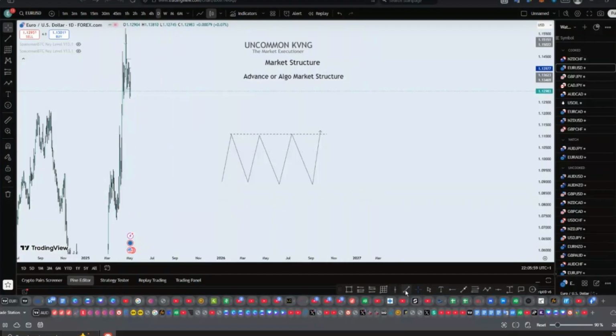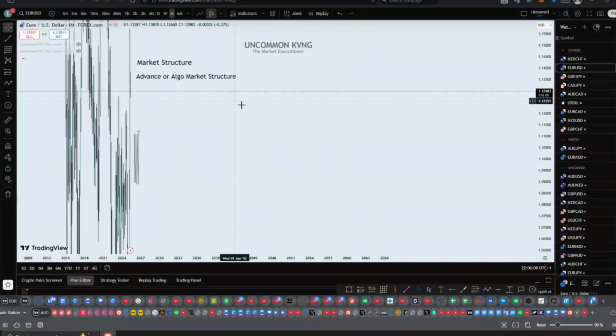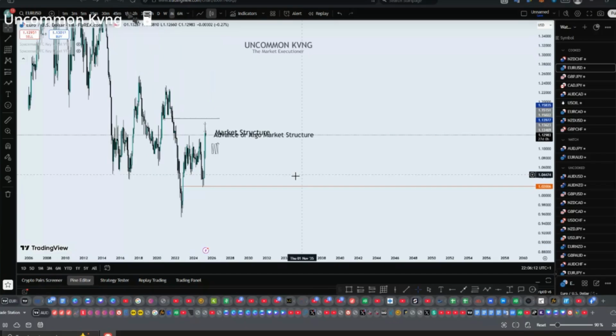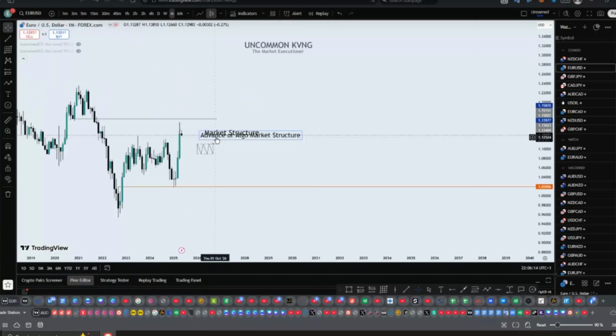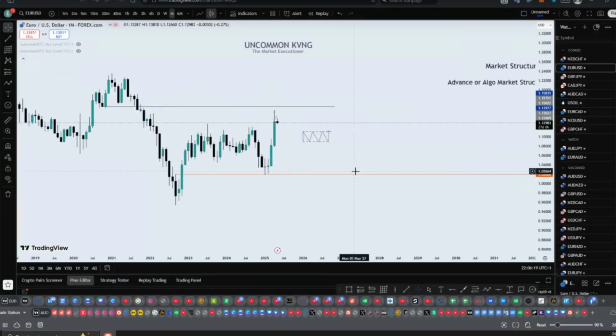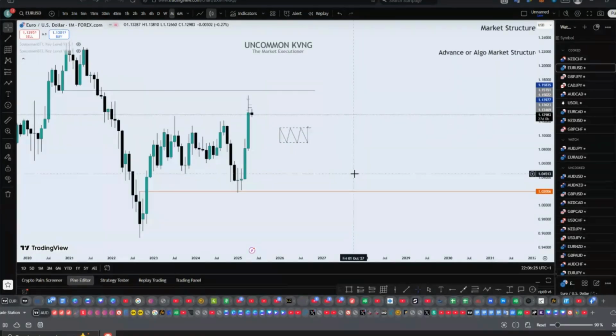So your anticipation now is that you're waiting for price to give you a clear direction. Now, how do you anticipate price to give you a clear direction? Let me give you an example. Let's go to the monthly time frame. For those of you that were on my live call when we were talking about Euro USD a few months ago, when I just started becoming active on my Telegram channel, I told you that I've not been trading Euro USD for months because we have been in this range.